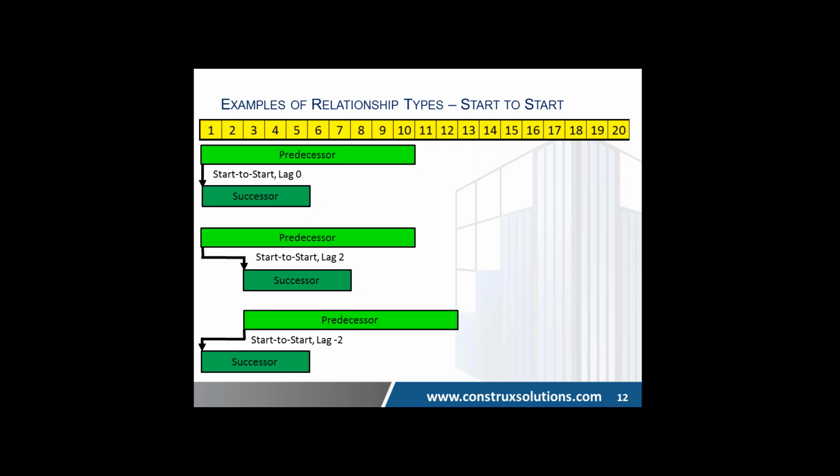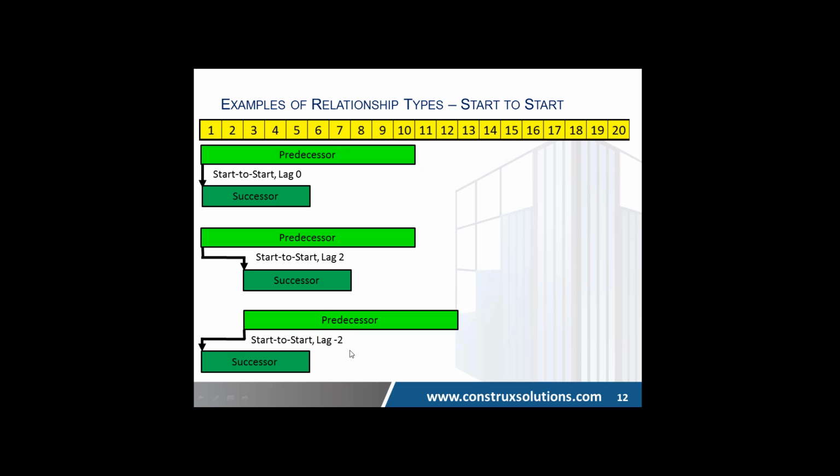This comes at a little bit of a risk, the shorter the lag when you're putting in multiple trades, because if the predecessor's slow and the successor's following, they're going to get jammed up as soon as that predecessor stops. So you need to think about that.